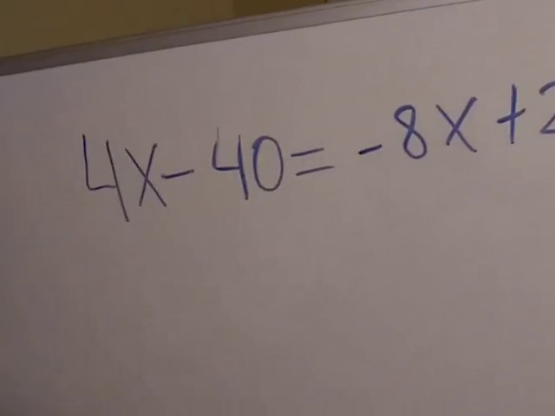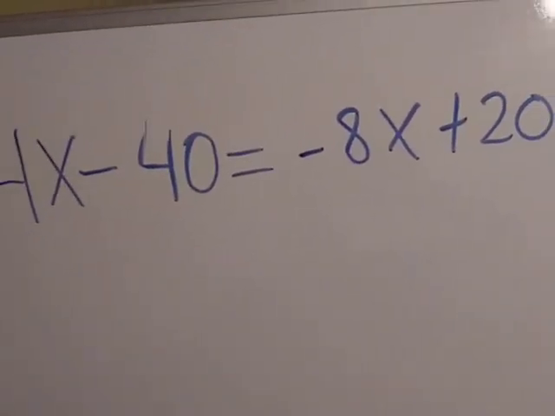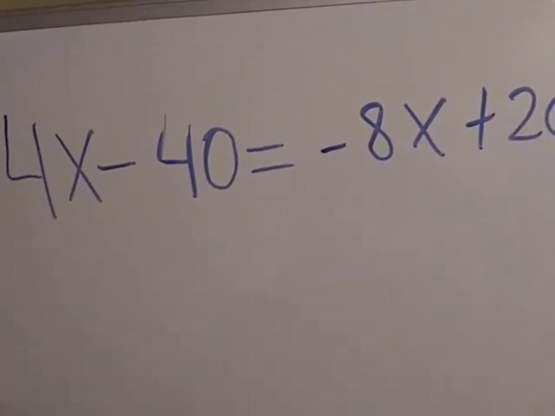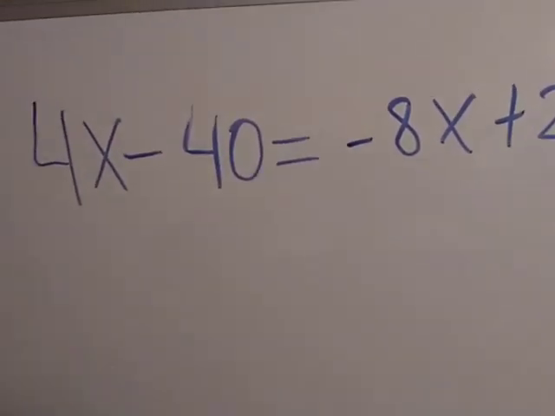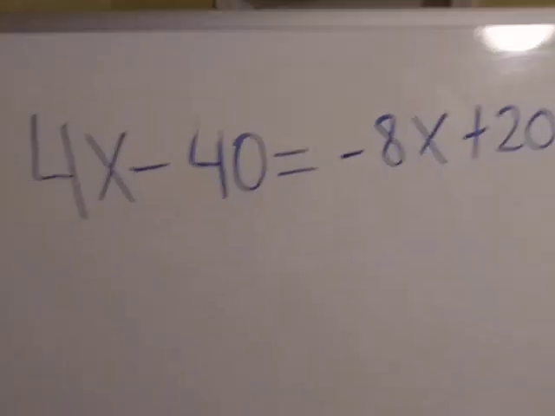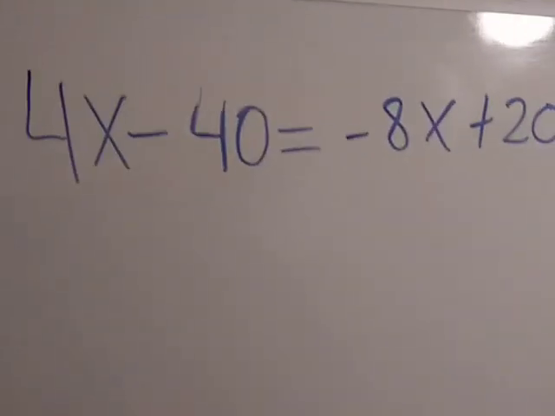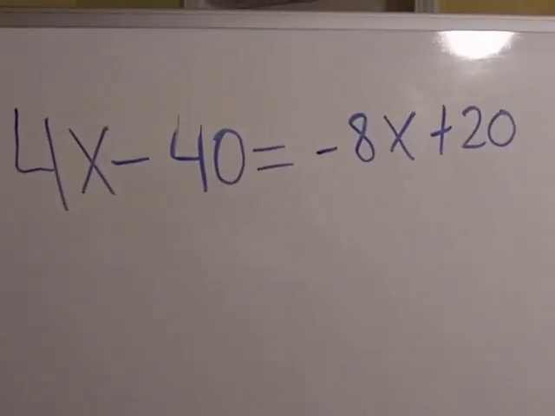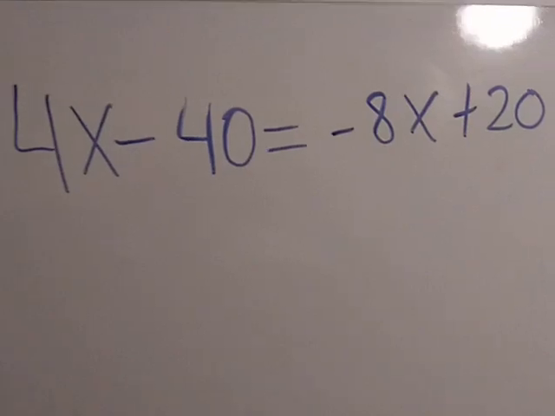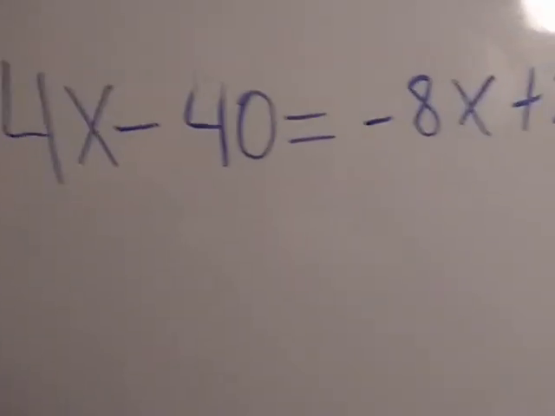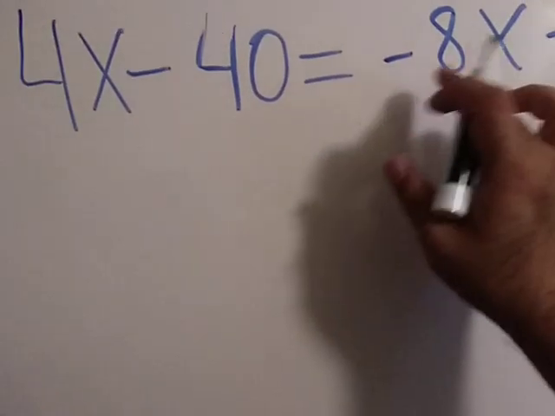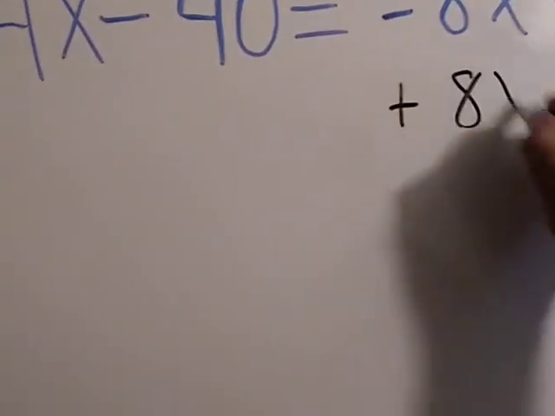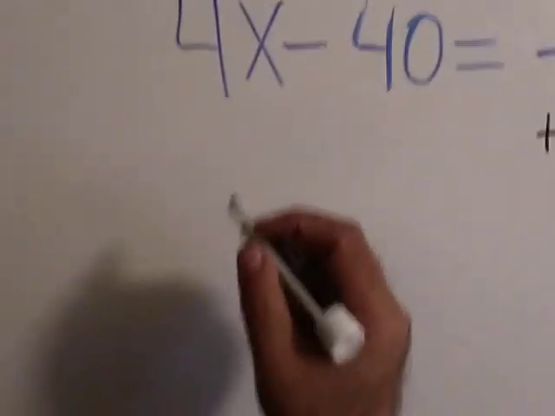Now keep in mind that if a number is negative, it's going to be way smaller than the value of 0, going forward towards the positive side of the number line. So in this case, you would move the smallest number of variables to the side of the biggest number of variables, so you would move the negative 8x. The opposite of negative is positive 8x, and you do that to the left side.